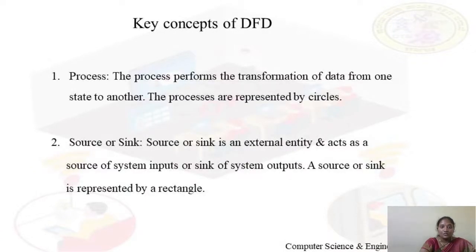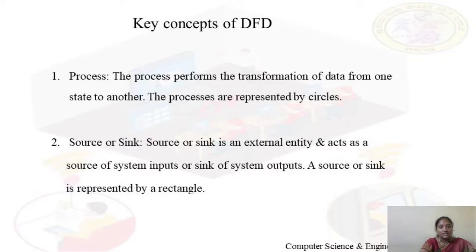Key concepts of DFD. It contains process, source or sink, and data flow. Process means it performs the transformation of data from one state to another. The processes are represented by circles. Source or sink is an external entity which acts as source as well as destination, which means it contains system inputs or system outputs.